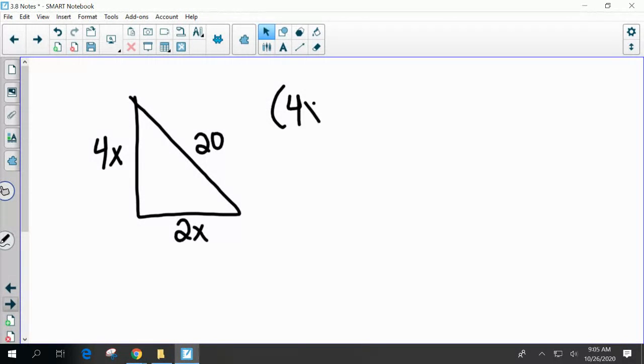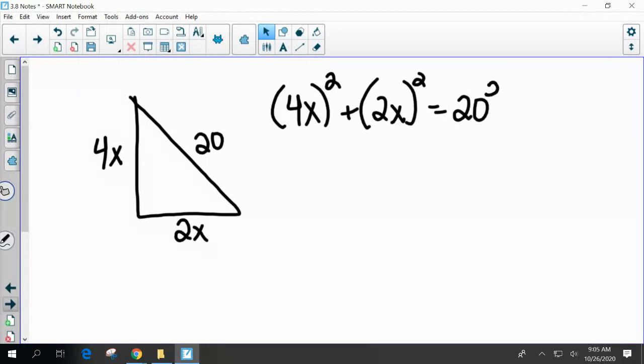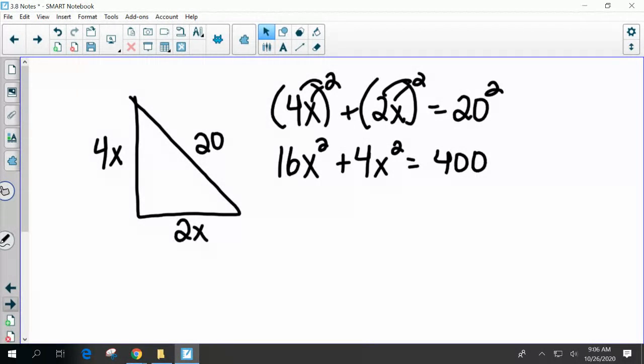So 4x, I'm going to use parentheses, squared, plus 2x squared equals 20, and I have to square it also. So whenever I do this, this goes back to what we learned about exponents. I have to distribute the squared to both the number and the variable. So this is going to be 16x squared plus 4x squared, and then 20 squared is 400.